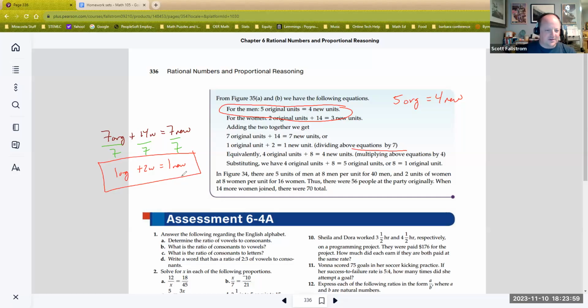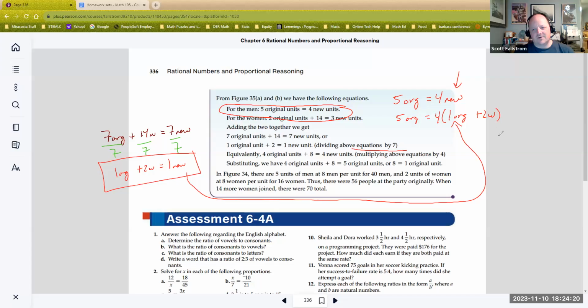And so all we're doing is converting this back up to this problem right here. And I wish they showed it a little bit more algebraically. I think it's helpful for some of you to say 4 new, and a new is 1 original plus 2 women, and just substitute that in and then distribute. I think that probably would be a little bit more helpful.